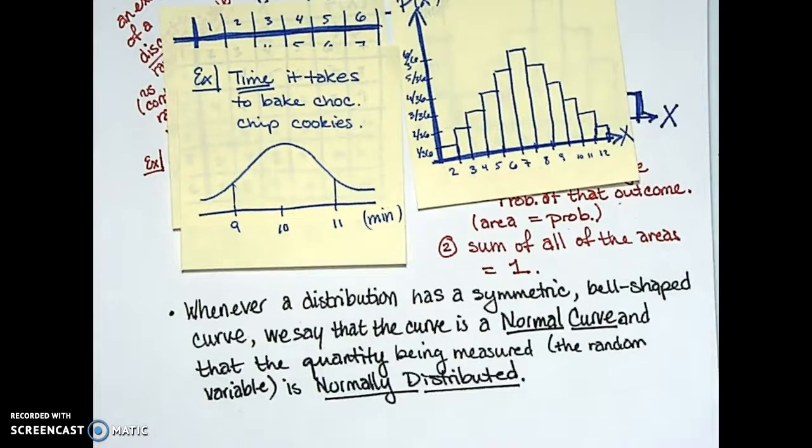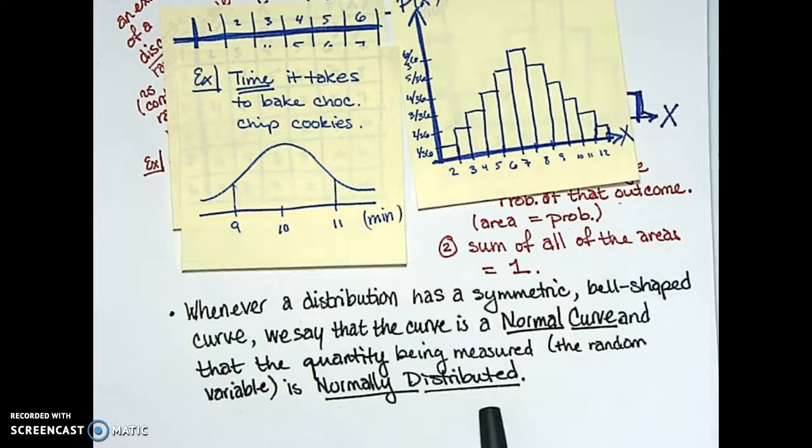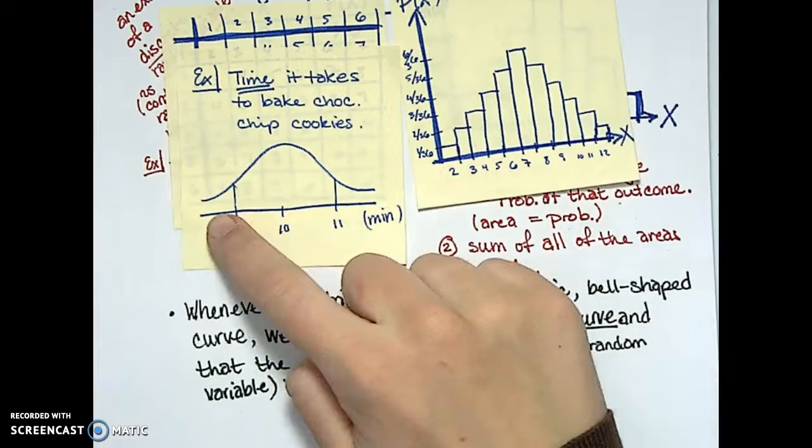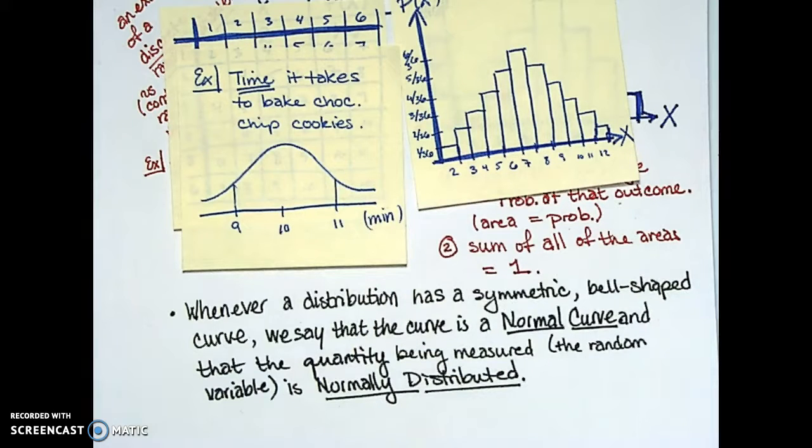So in other words, if I tell you that the time it takes to bake chocolate chip cookies is normally distributed, that means that its probability distribution would have a symmetric bell-shaped curve, or what we call a normal curve.